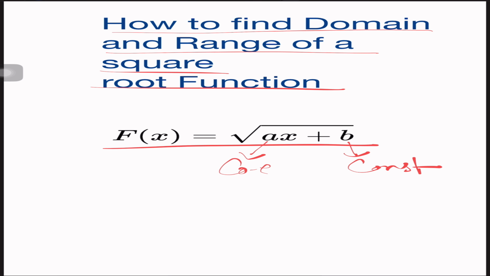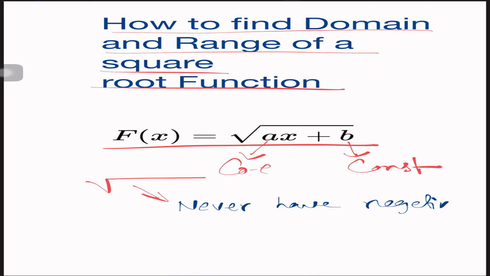Now, for a square root function, in the square root you can never have a negative number. Never.